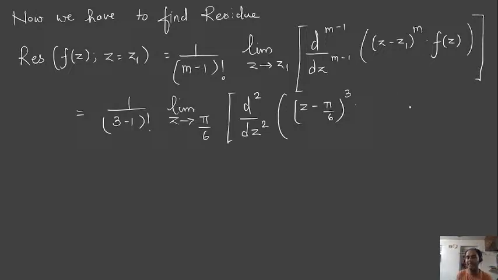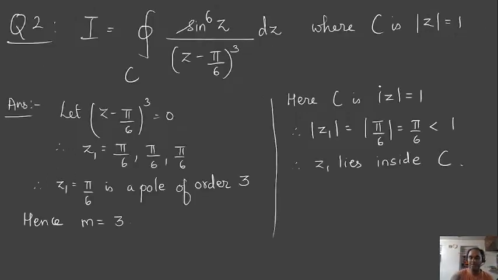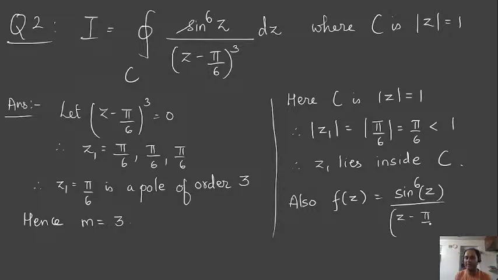Now f of z is going to be the function. Here we did not declare the function, but you can declare it. Here your f of z is going to be sine raised to 6z over (z minus pi by 6) whole raised to 3.